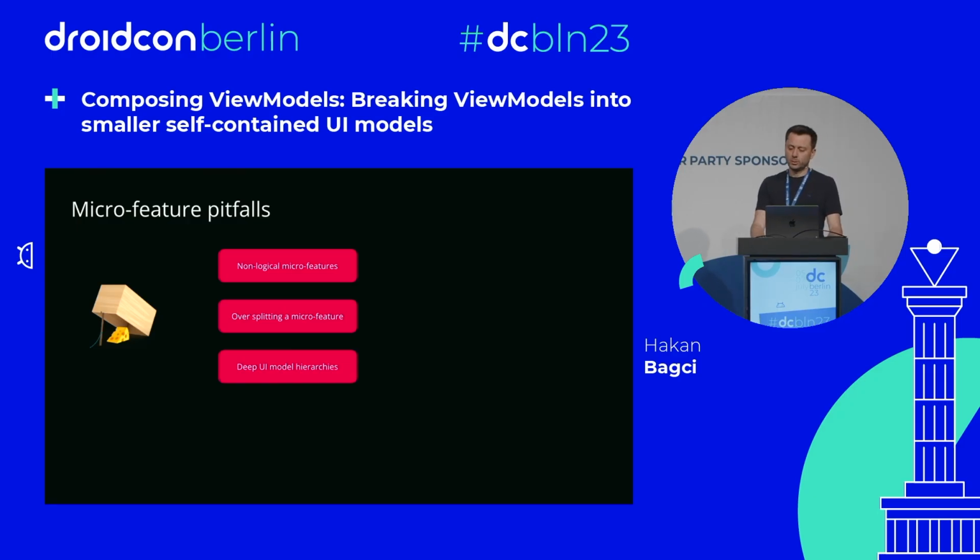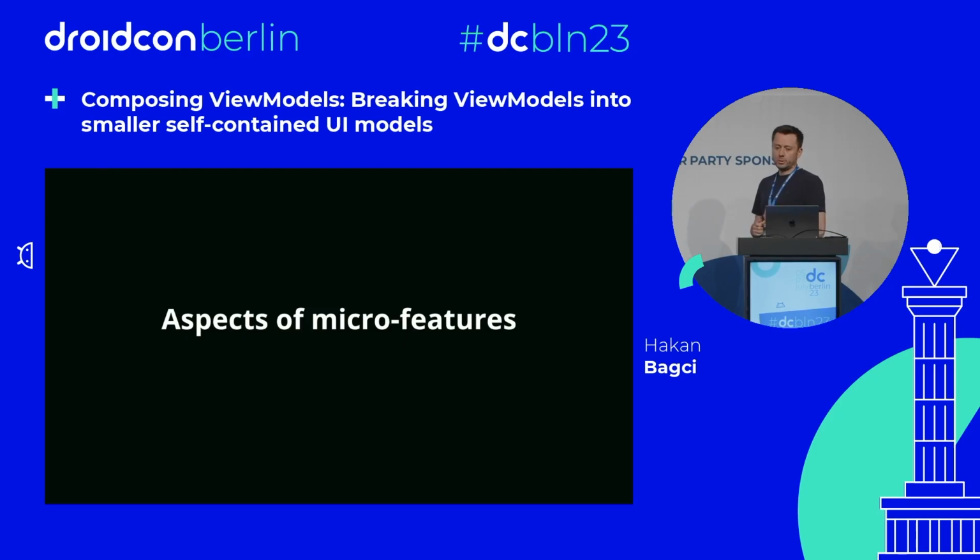Similarly, it's better to keep our UI model hierarchies shallow, so we prevent having unmaintainable hierarchies. Also, another critical point is that we should always keep host independence in mind. We shouldn't require that much from our root, so our microfeatures should require as little as possible from their hosts, and they can move around to other hosts in an easier manner.